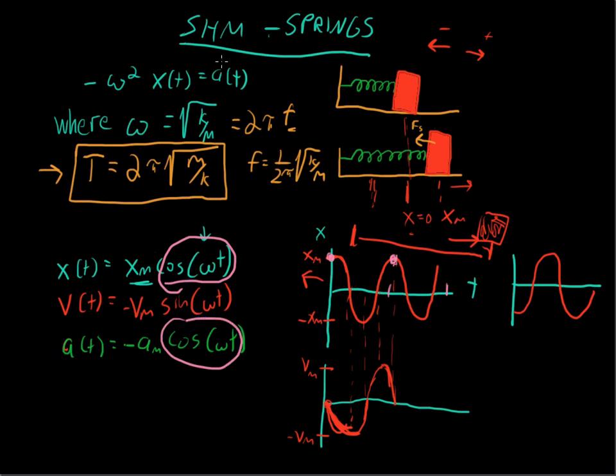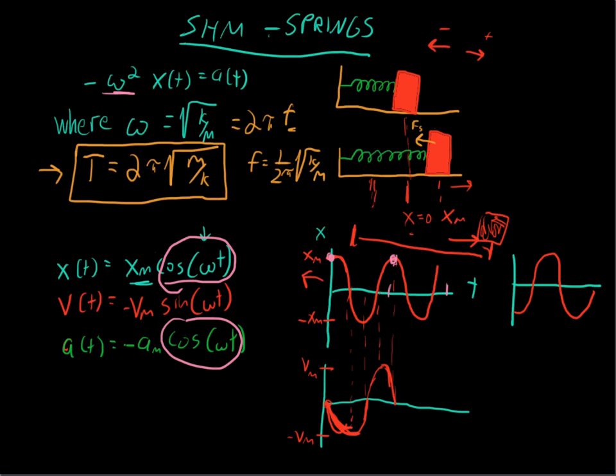And if we look up here, we see that, in fact, the x of t and the a of t functions are almost identical to each other. We're saying that they're equal, with one exception. We have to multiply the x of t by omega squared in order to make that work.